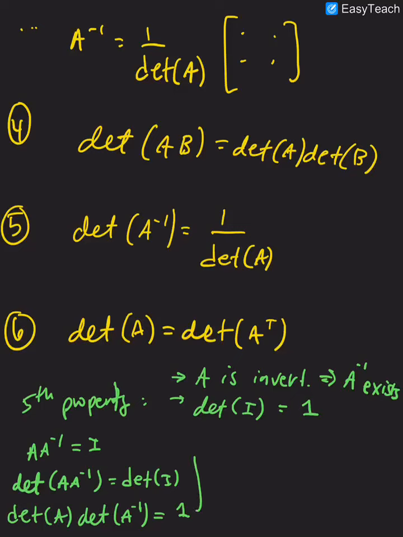So let's move this up here, and we can divide by the determinant of A on both sides. We'll be left with the determinant of A inverse is equal to 1 over the determinant of A. We divided by the determinant of A on both sides, and that cancels it out. Okay, so that is verified.